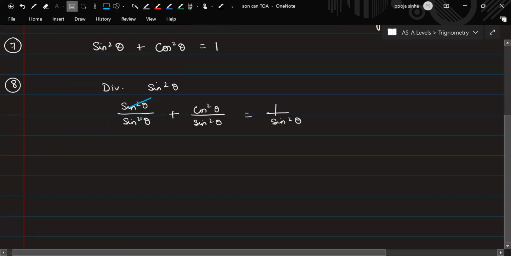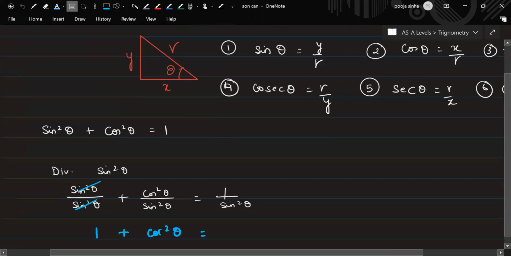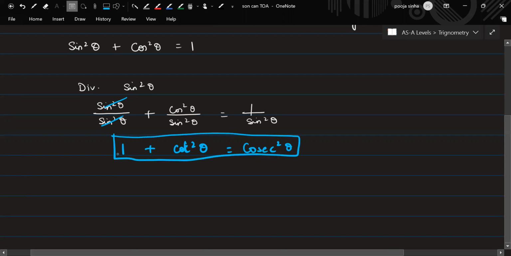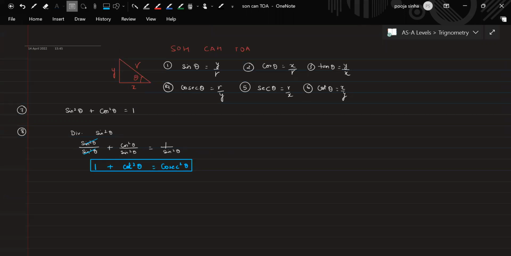So can I just cancel these out? This becomes 1. Cos square upon sine square becomes cot square theta. And 1 upon sine is the reciprocal of sine, which is cosec, so cosec square theta. So I got one more identity here.